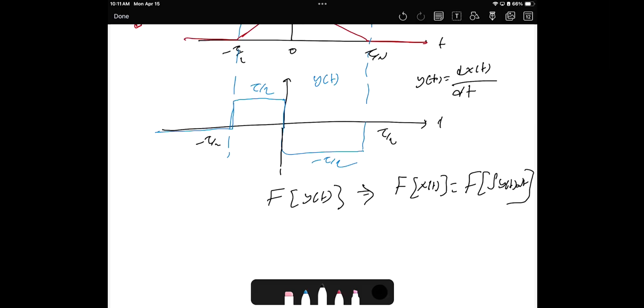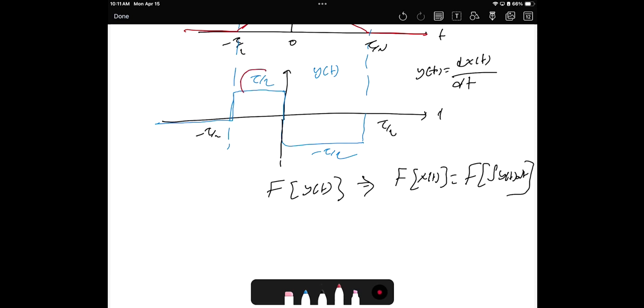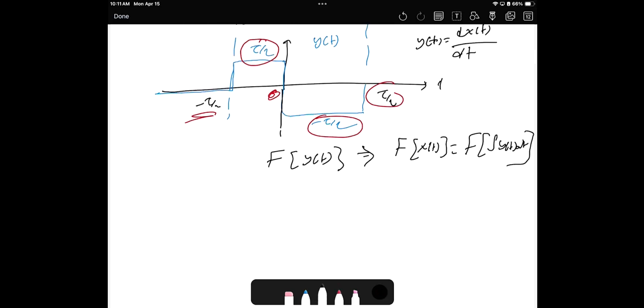So let's try to find the Fourier transform of y of t. In order to do it, we need to rewrite this as a time domain expression, and of course it's going to be in terms of u of t, the step function. So y of t can be written as tau over 2, from negative tau over 2 until 0, then the second step with negative value from 0 until tau over 2.